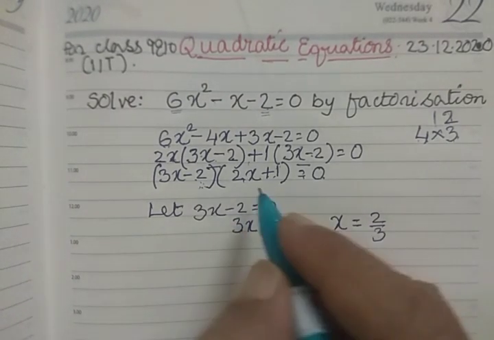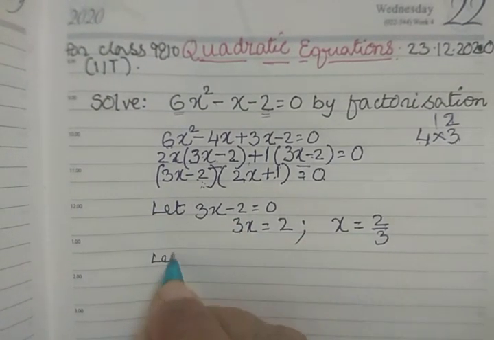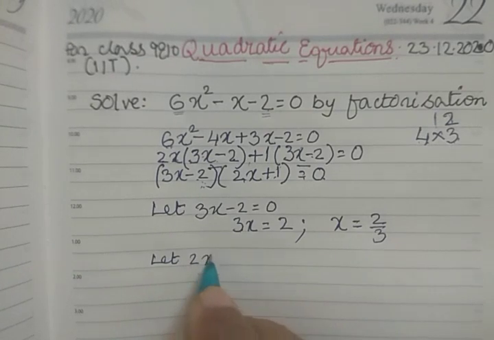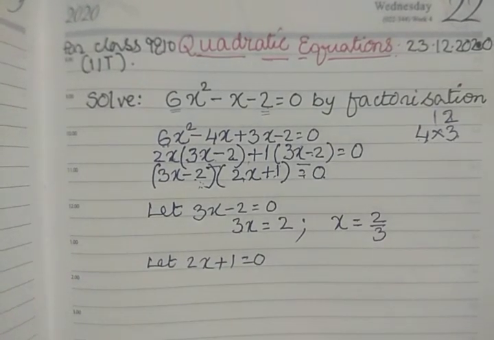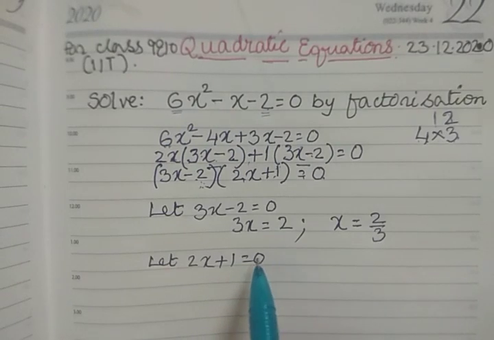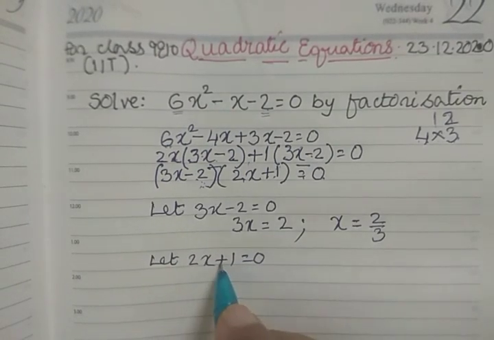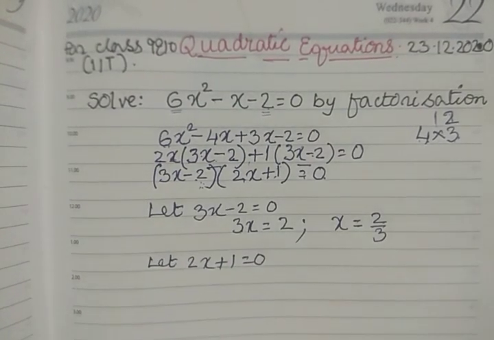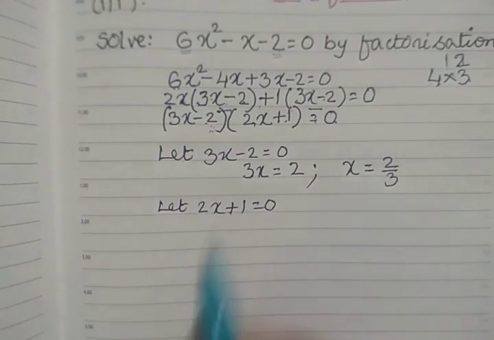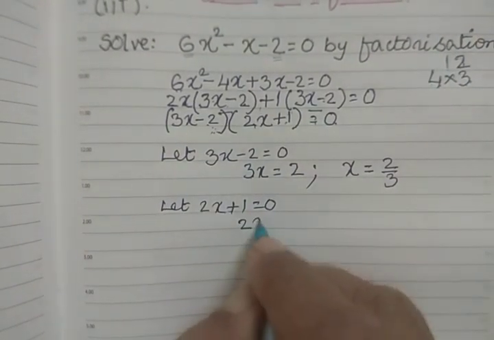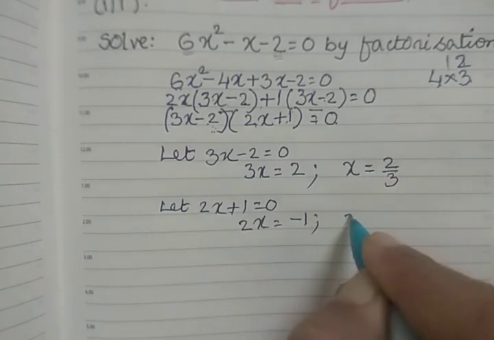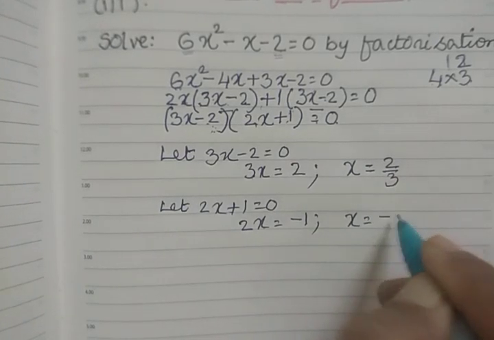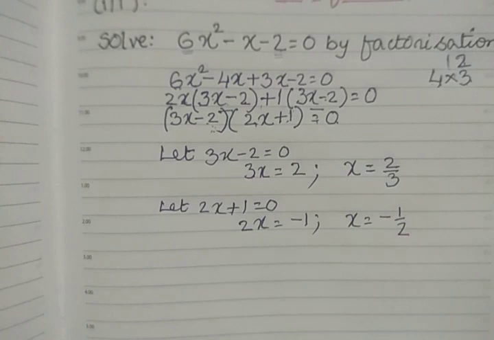Clear? Now if 2x plus 1 becomes 0, then what happens? Let us take this plus 1 to the other side, where it becomes minus. So 2x is equal to minus 1, or x is equal to minus 1 by 2.